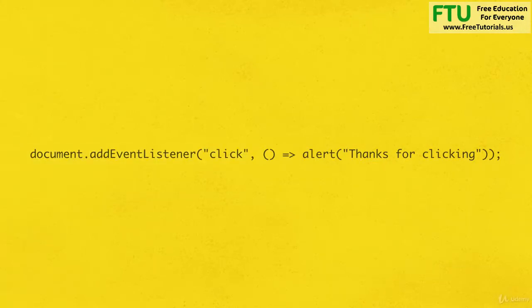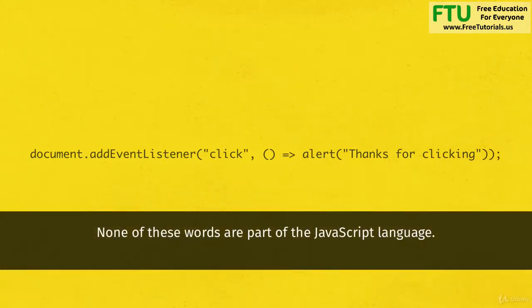Now here's the important part. Even though this is a line of JavaScript code, none of these words are part of the JavaScript language. So for example, the word document, or the squished together phrase of add event listener, or the word click or alert. Yes, these are words in the English language, but they are not words in the JavaScript language.